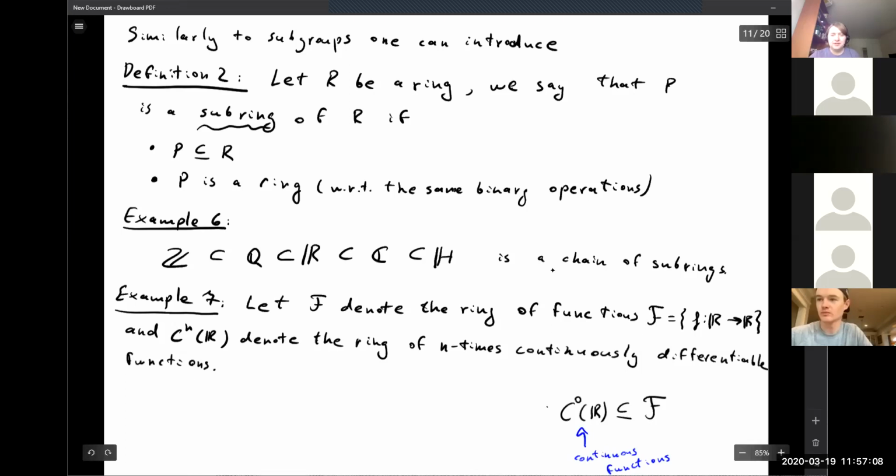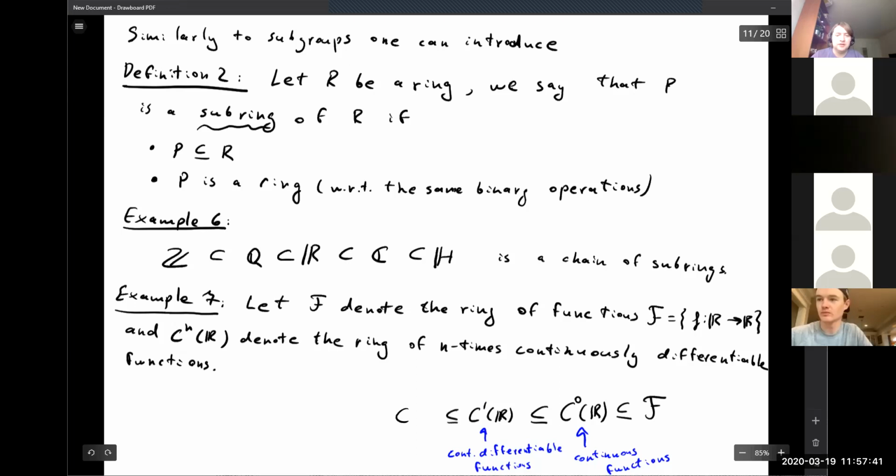Now inside that, you have C1 of R. That's continuously differentiable functions. Now this, of course, continues.